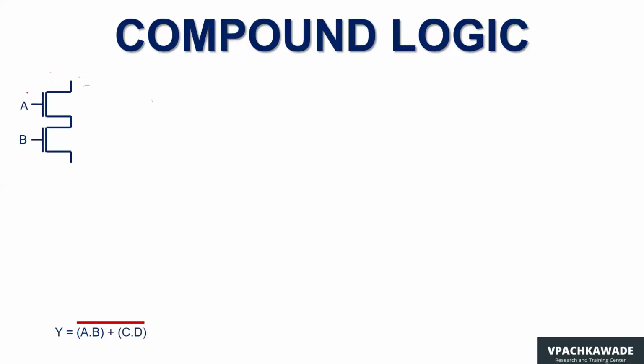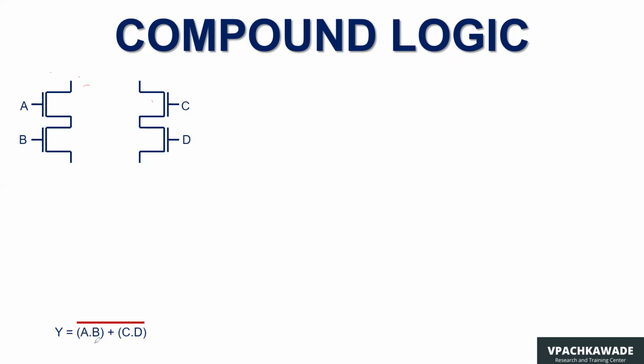You can see now the first is you have to implement A and B logic. So that means two transistors which are NMOS are connected in series with each other. Then you have another pair, C and D, implementing the AND operation between C and D. It means these two NMOS transistors again are in series.